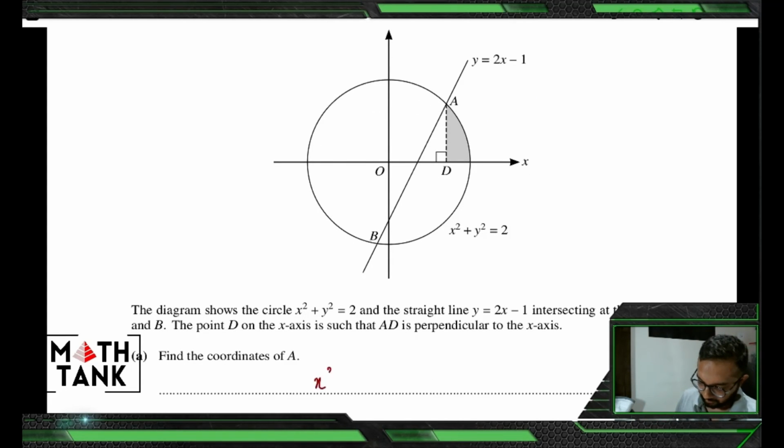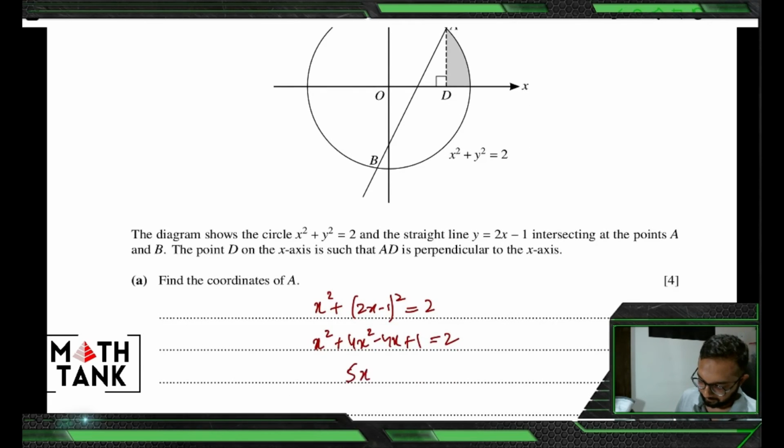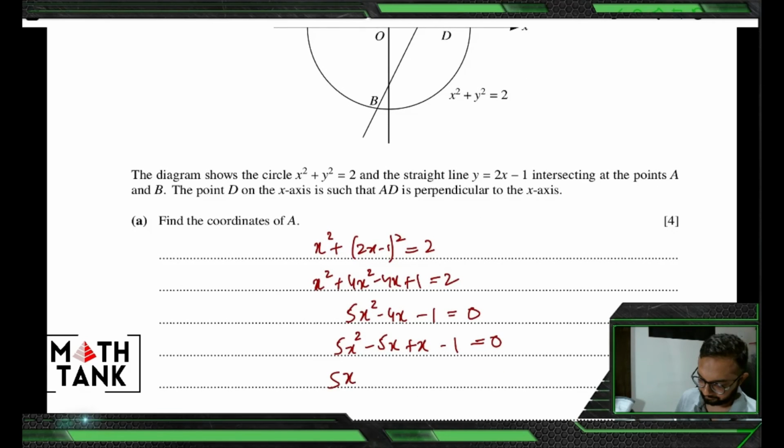So I can replace y with 2x minus 1, whole squared, equals 2. So x squared plus 4x squared minus 4x plus 1 equals 2. 5x squared minus 4x minus 1 equals 0. I can basically factorize this, breaking the middle term.